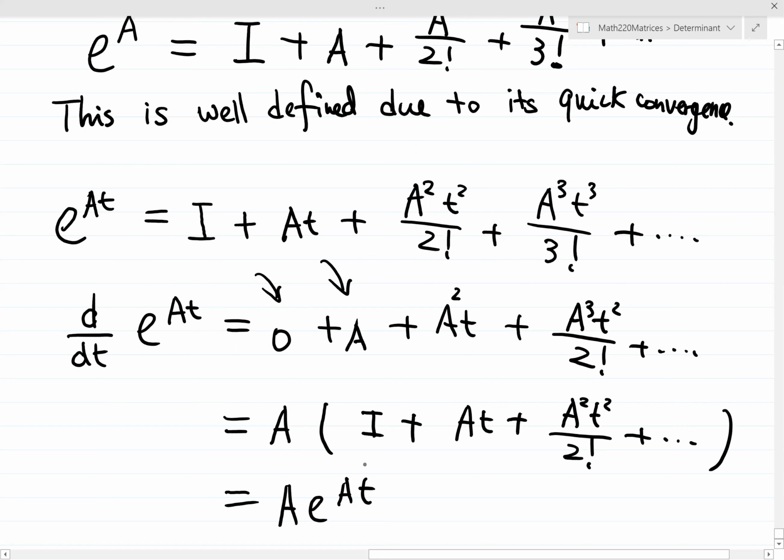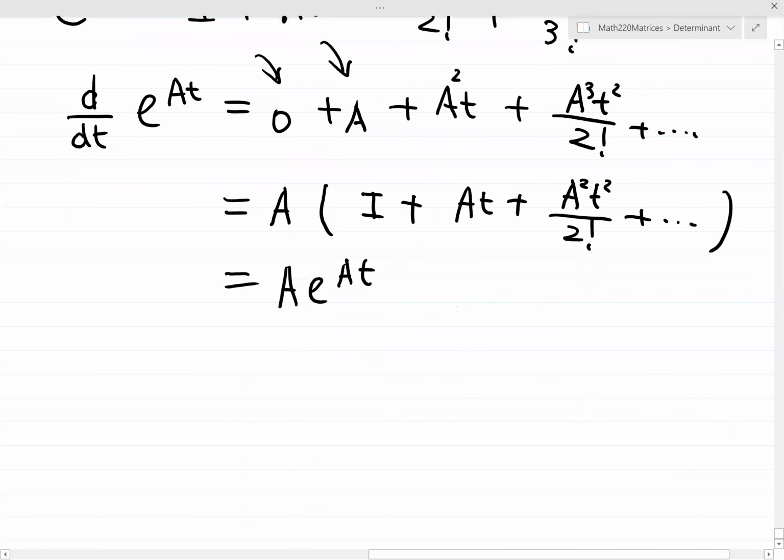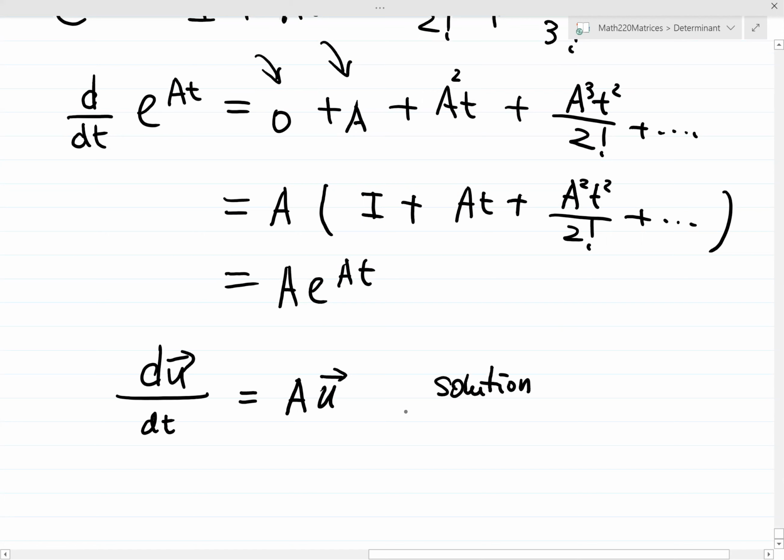Okay, so the solution in this case, du/dt is Au, A is time independent. So the solution is u(t) is e to the At times u0.